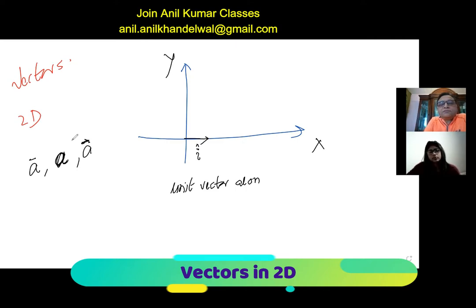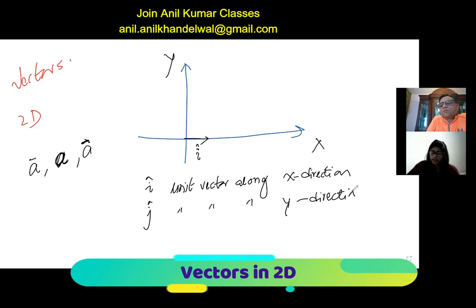So for a unit vector, we put a cap saying its magnitude is 1. It is a vector, but its magnitude is 1. So the symbol for a unit vector needs a hat on top. Yes. So this is i, and j is a cap unit vector along the y direction.